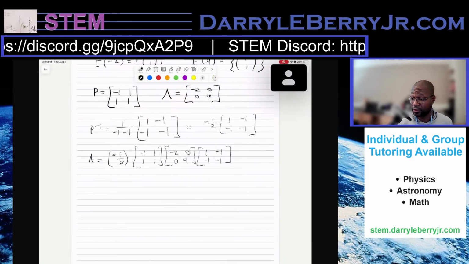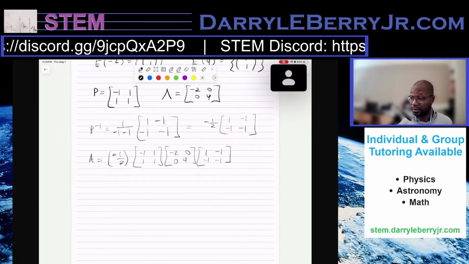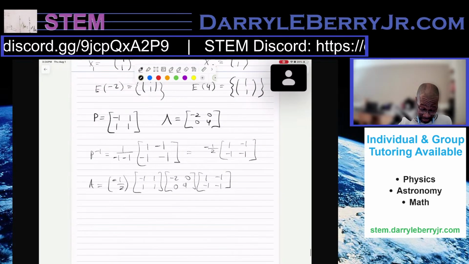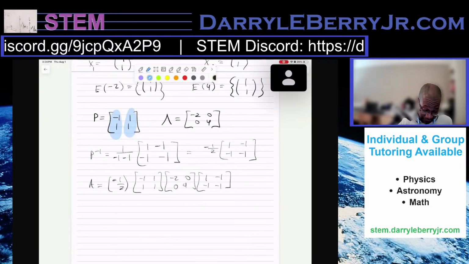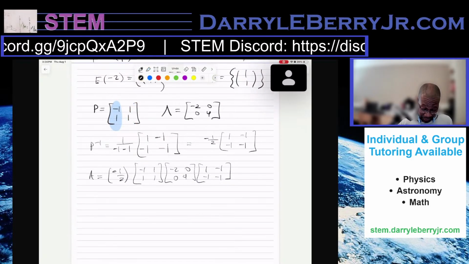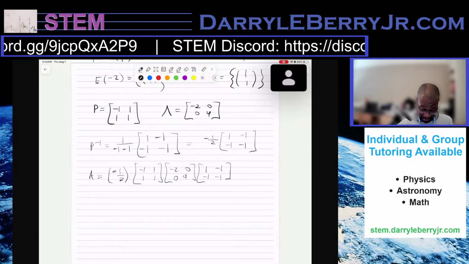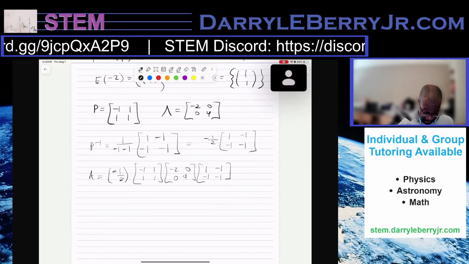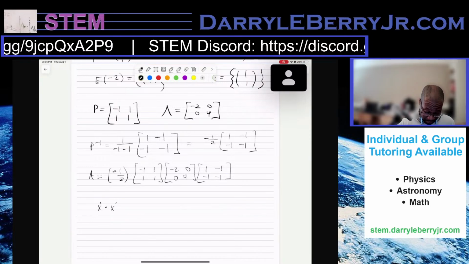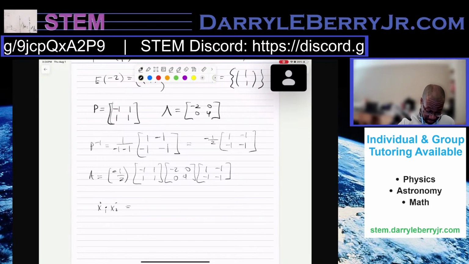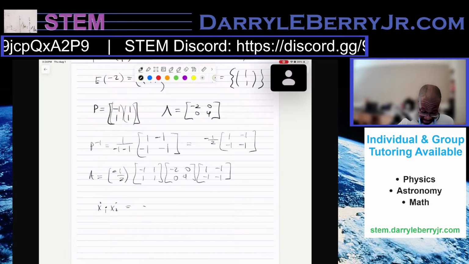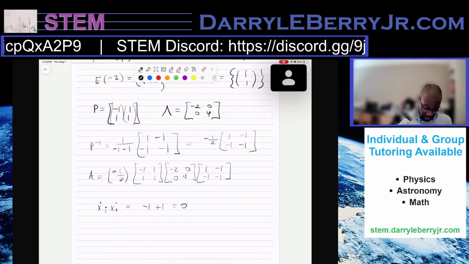And all we have to do here is, so he wants the diagonalization. Basically, we know from earlier that these are the eigenvectors. So what we can do is check and see if they're orthogonal. So x1 dot x2 is going to be negative 1 plus 1, that's 0.